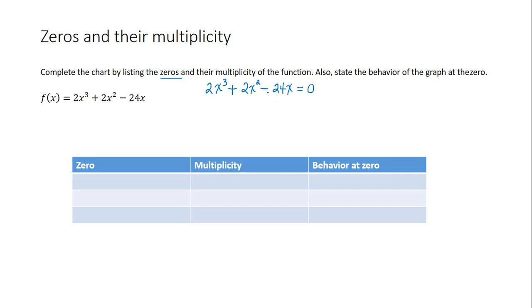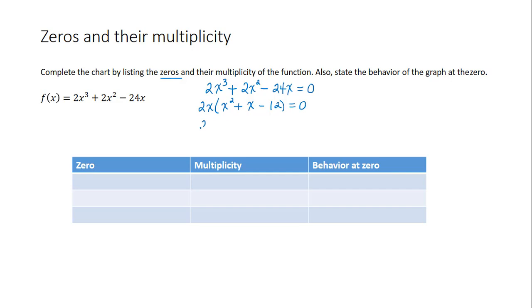First, observe that there's a common factor of 2x. When we divide out by 2x, we get x squared plus x minus 12. So we have 2x times x squared plus x minus 12 equals 0.